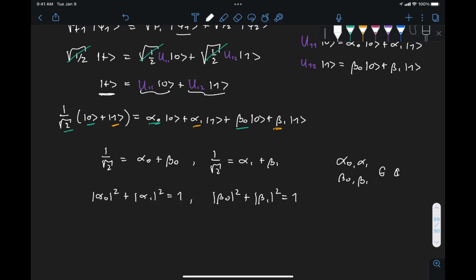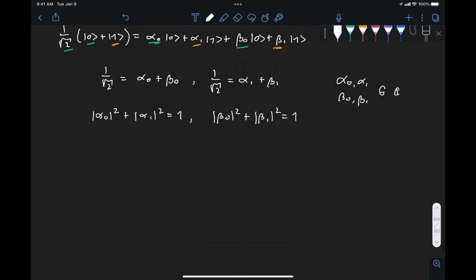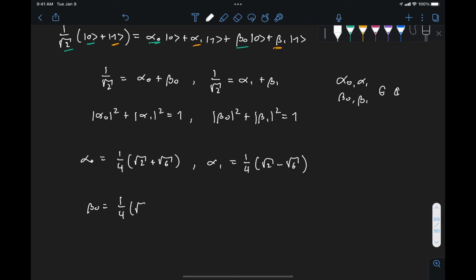Picking one of the real value solutions, which is of the form alpha 0 is 1 over 4 times root 2 plus root 6. Alpha 1 is 1 over 4 times root 2 minus root 6. And beta 0 is 1 over 4 times root 2 minus root 6. And beta 1 is 1 over 4 times root 2 plus root 6.